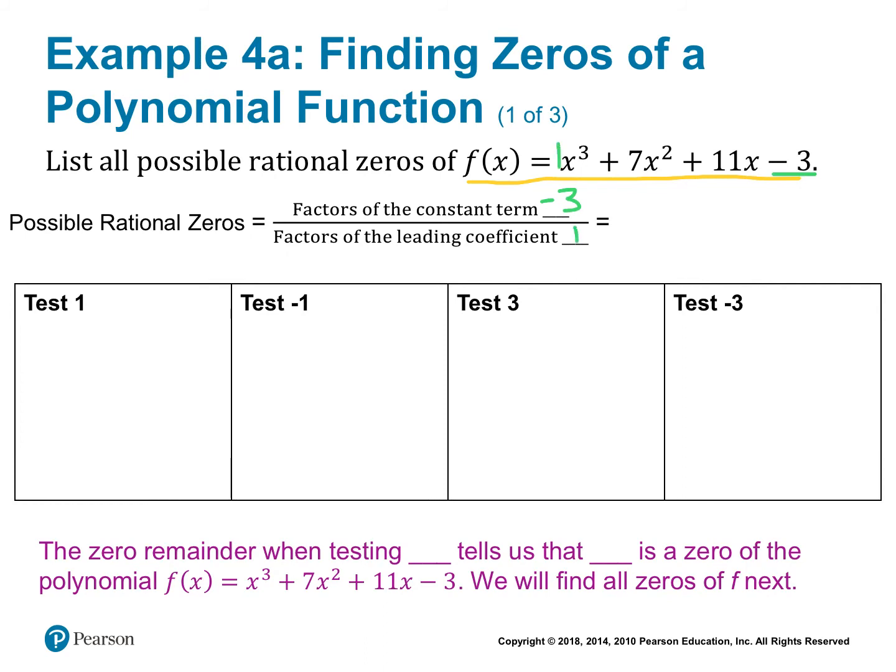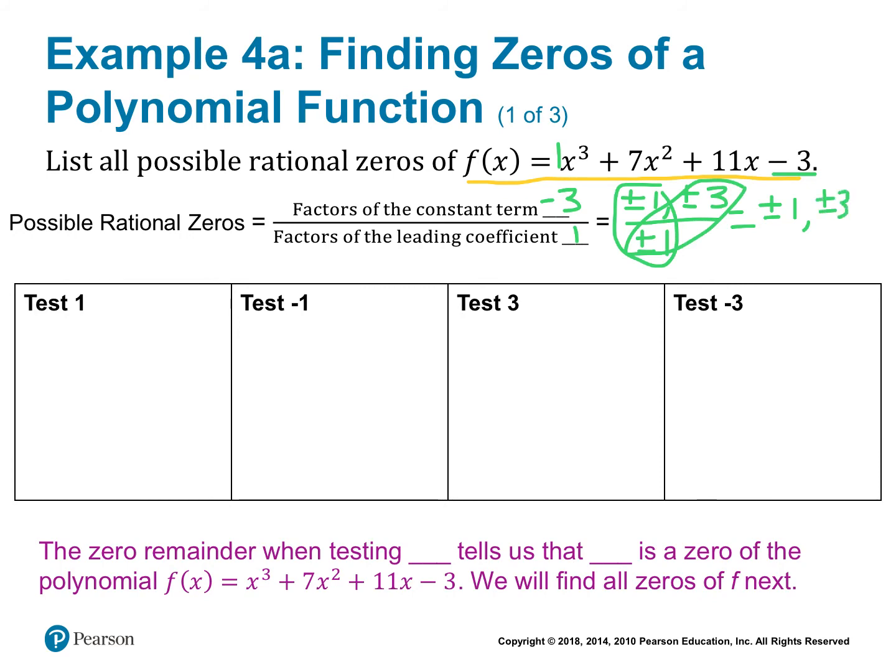So factors of the constant term, you could have positive or -1 and positive or -3. Then on the bottom would just be positive or -1. So if you divide those out, the 1 divided by 1 could give you positive or -1. Then 3 divided by 1 could give you positive or -3.